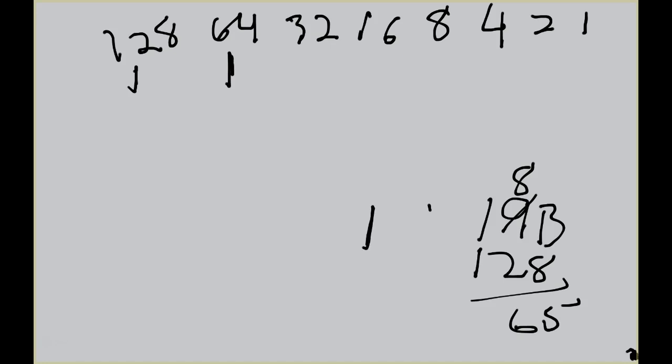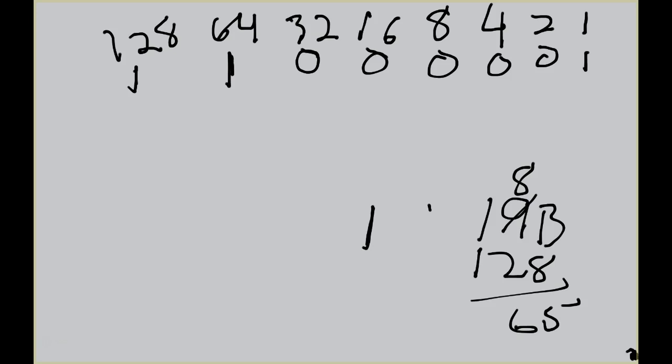Can I take out a 32 out of it? Can I take out a 16? Can I take out an 8? No, no, no, no. So as I go through there, that's my binary number that represents 193. So that same chart, being able to write from 1 to 128 by 2, gives us a chart we can use either direction to create that value.